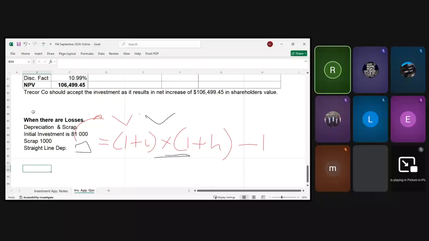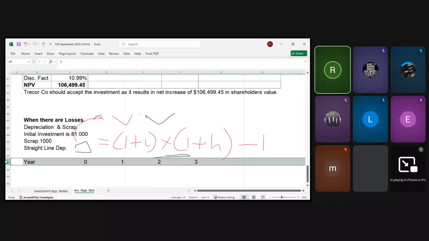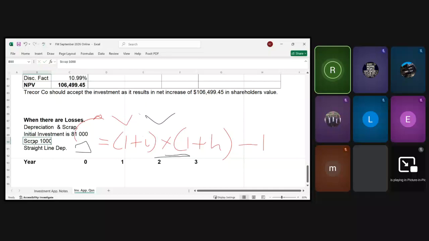So for the treatment here, I'm going to have year 0, 1, 2, 3. I'm going to have 3 years only. For the purpose of calculating your tax, assuming we are still on 30% tax, you are going to depreciate your asset in straight line.